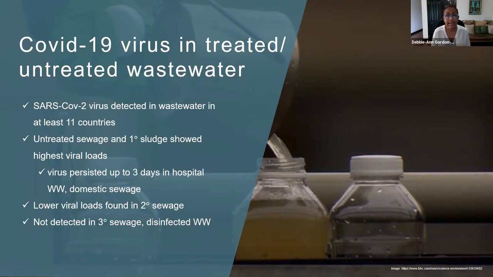The thinking is that, like bacteria, viruses adsorb to the surfaces of solids, and the sludge is a solid part of the sewage. So you can imagine that the virus would adsorb to the surface of the solids, and therefore the sludge would tend to have higher viral loads.